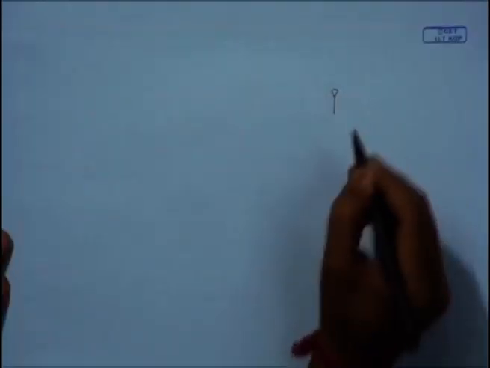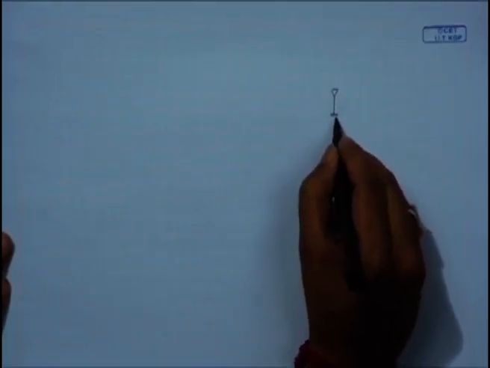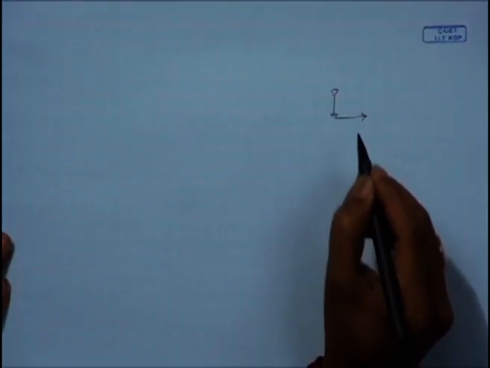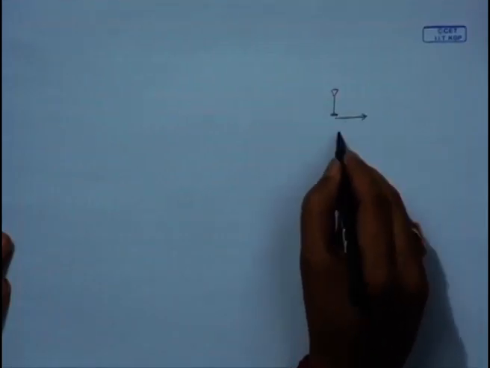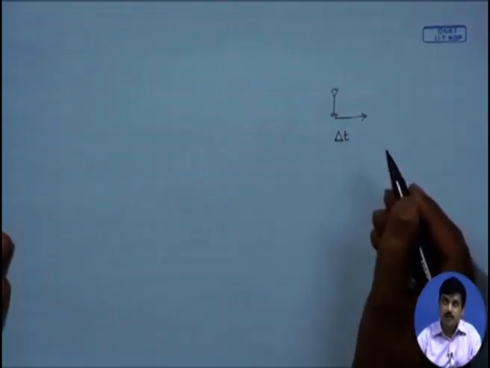So if we consider that the mobile is moving, and let's say there is some measurement at this point. Let's consider that there is a receive antenna, and that the mobile is moving in this direction over a certain time, delta t.